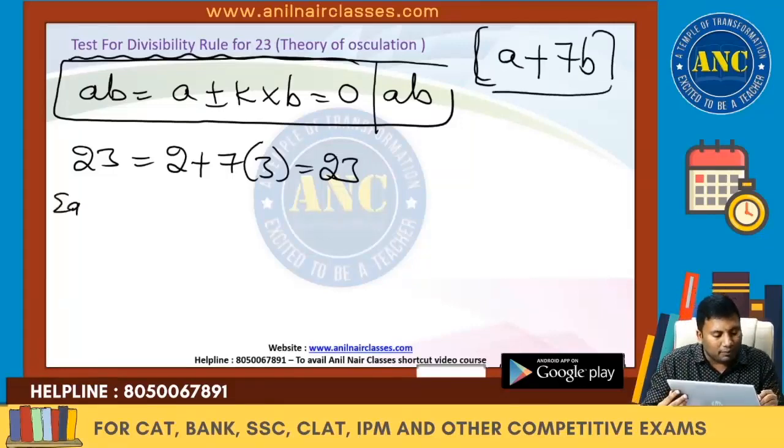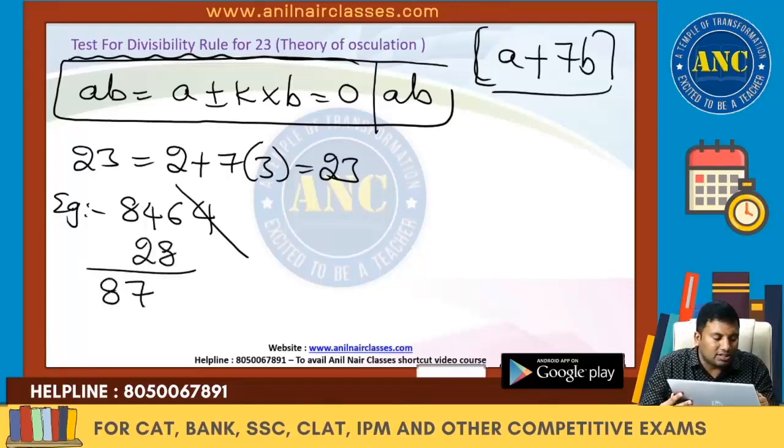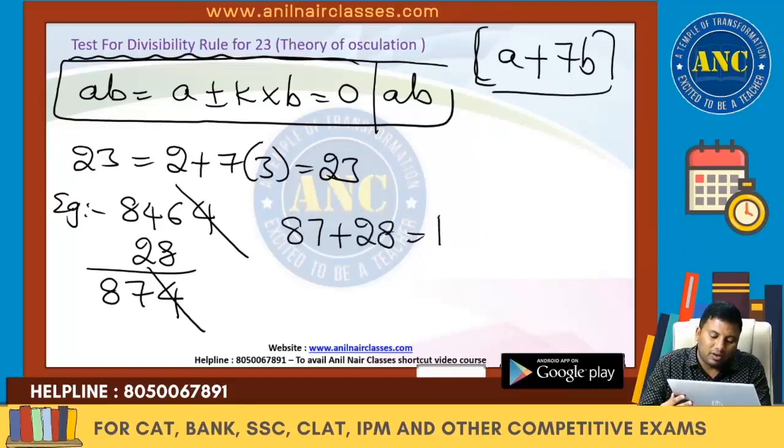For example, if it is 8464, a plus 7b: take the unit digit, multiply by 7. 4 7s are 28. So these 84 plus 28, I mean 874, take the unit digit, multiply by 7, 7 4s are 28, 87 plus 28 is 115.